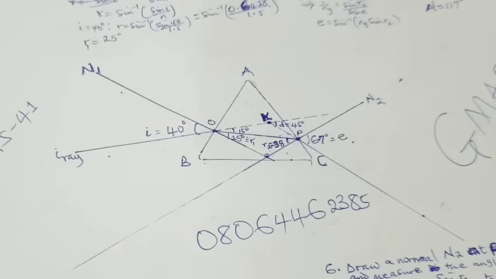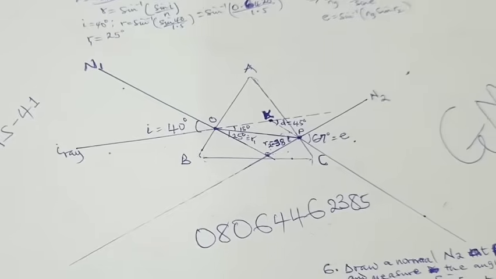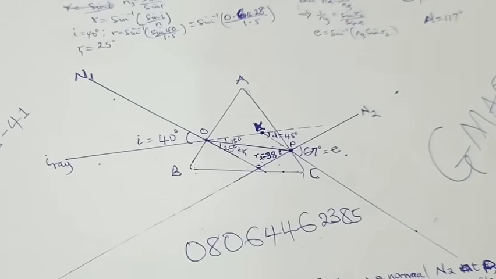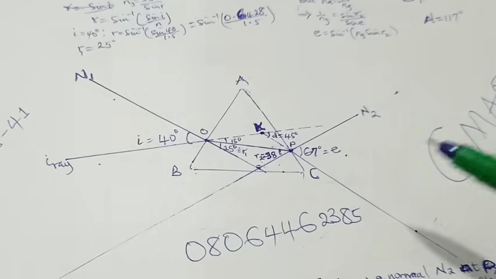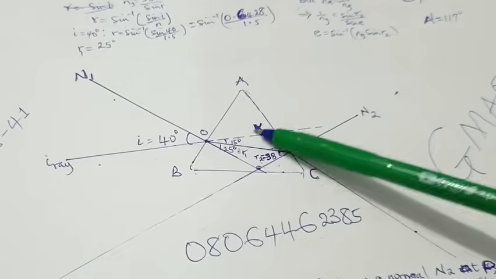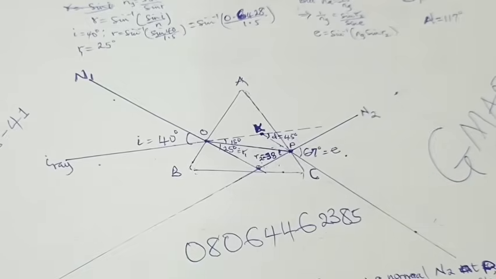You can see the work that GMAETS 41 has done already. I did not use pins to trace these rays of light you're seeing. Rather, I used the knowledge of geometry to carry out this tracing.